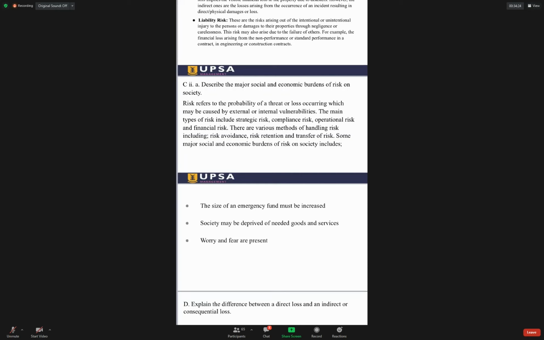So let's take the COVID pandemic, for example. We all know how, at a point in time, a COVID fund had to be mobilized to support the economy and to help people who were really in need, because most people had contracted this disease and didn't have money to help themselves, and it could have resulted in spreading. So the government had to increase funds or search for funds to solve this situation.